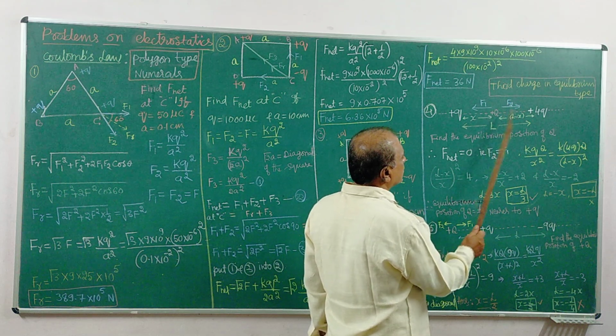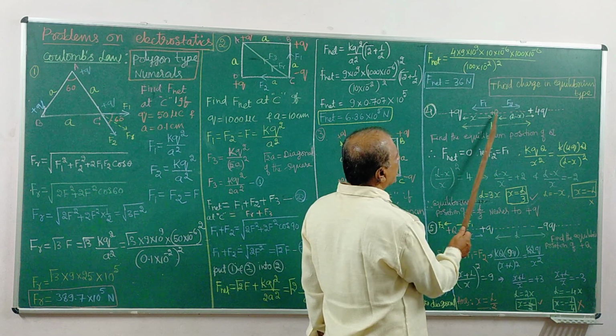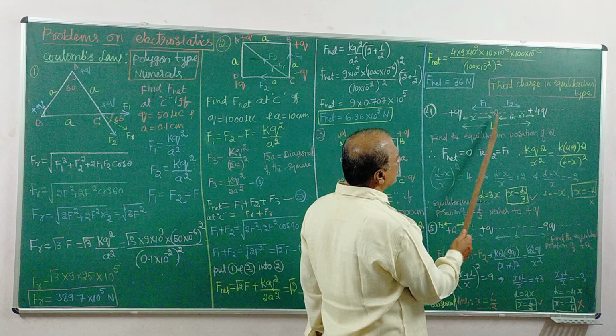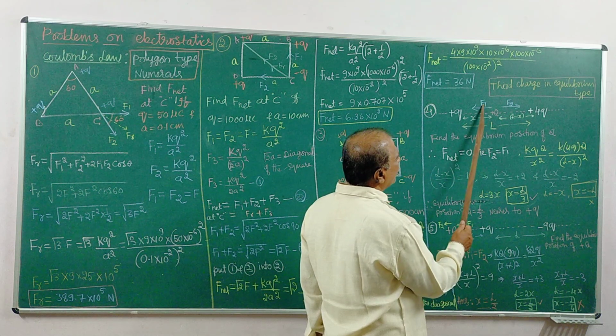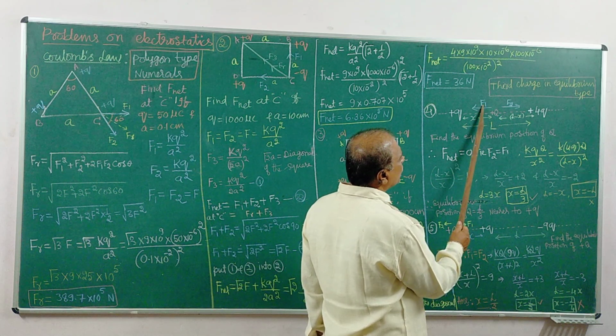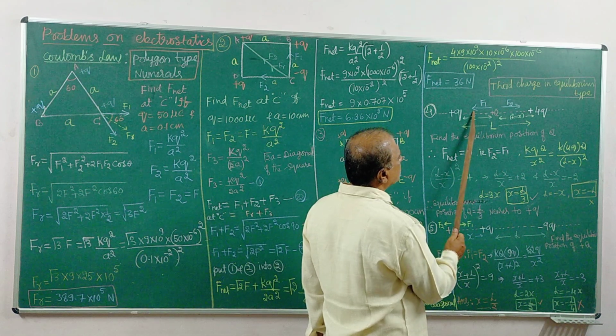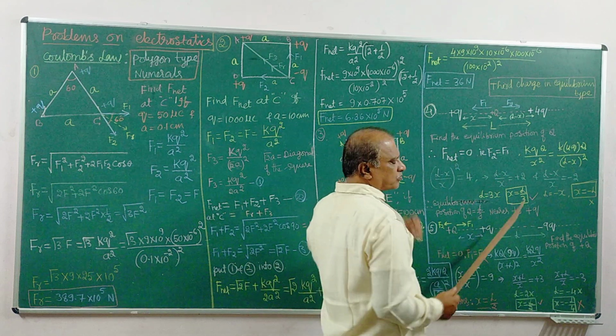And the same charge with this charge is again repulsive, plus repulsive. It tends to move away from the point. That is F1, the repulsive force at this point by this charge, and the direction is this repulsion.